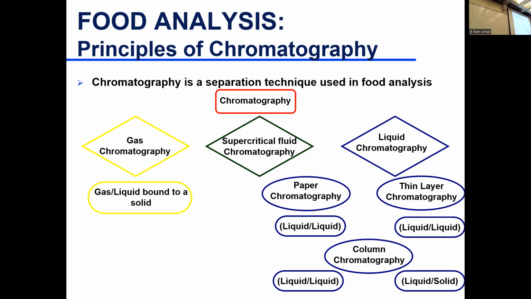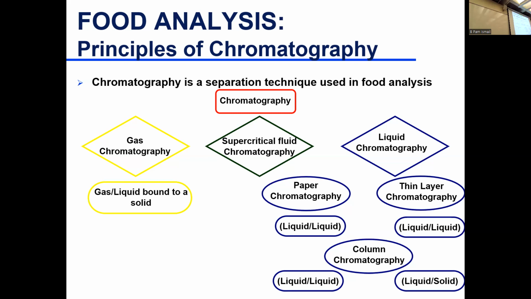So water, let's say, is impregnated, so water becomes your phase 2, which is the stationary phase. And then there will be another liquid as your mobile phase. So it's always liquid when it is paper or thin layer. When it's column chromatography, sometimes your stationary phase is solid.